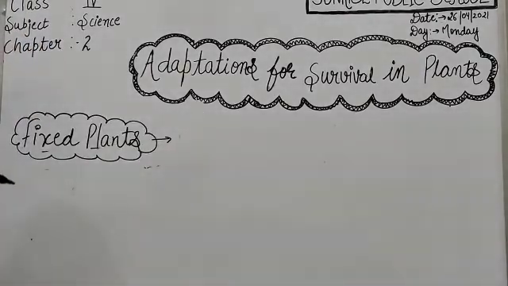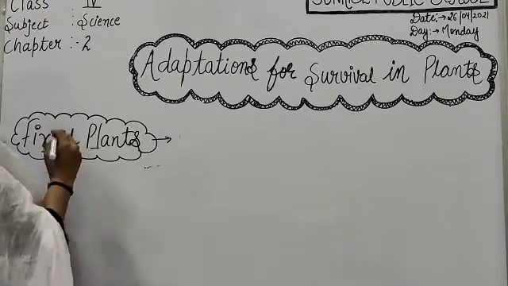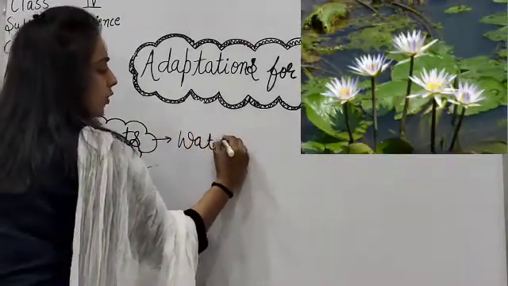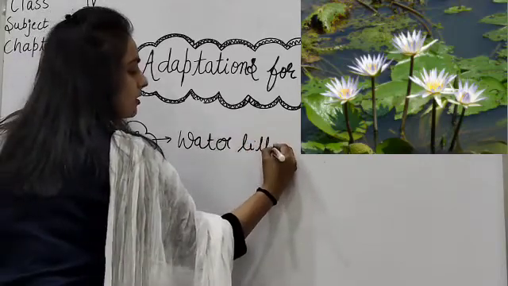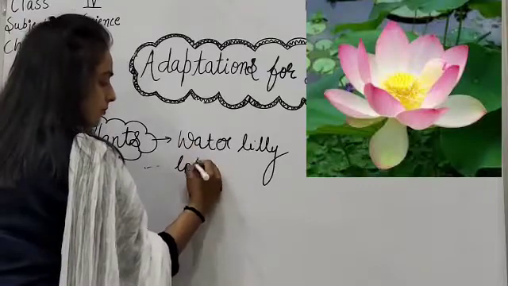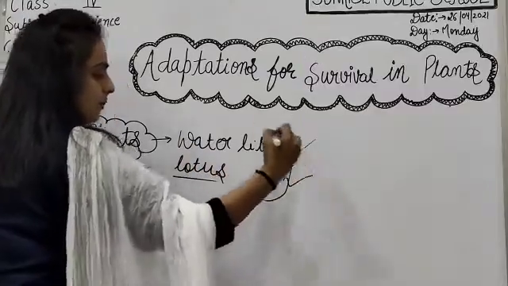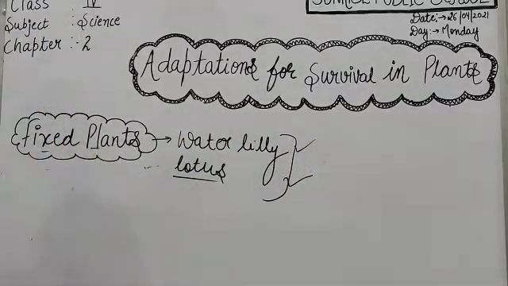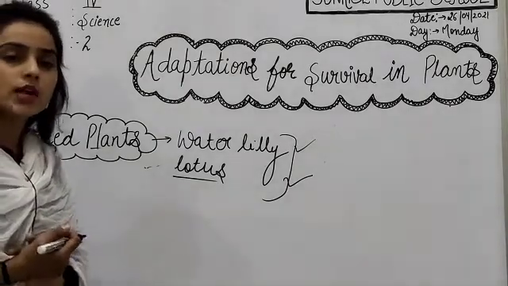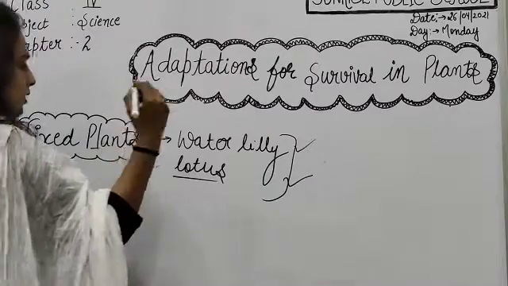Now let's discuss fixed plants. Examples of fixed plants are water lily and lotus. Why are they called fixed plants? Because their roots are fixed to the bottom.